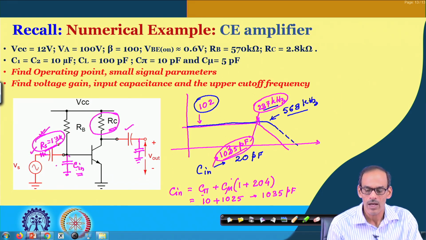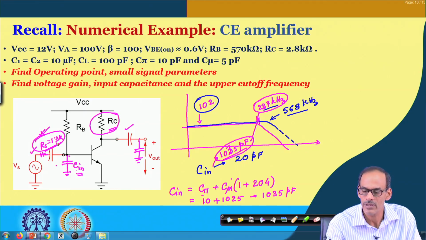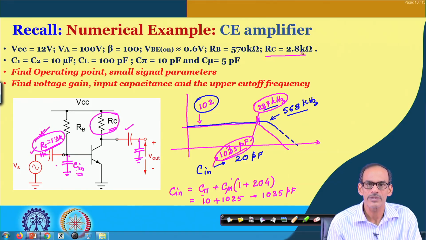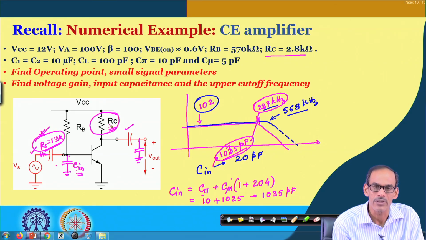In the example so far, R c was only 2.8 K, so the capability of the cascode amplifier to increase the gain has been blocked by the low value of R c.